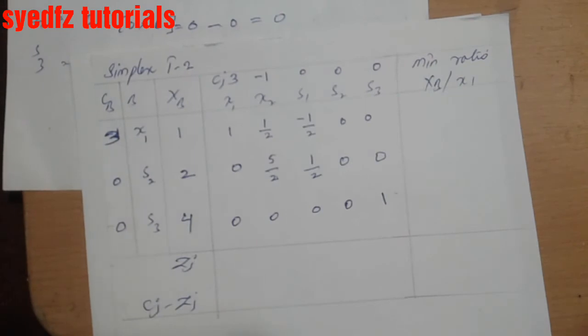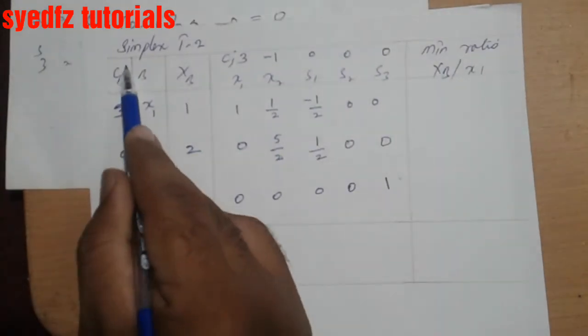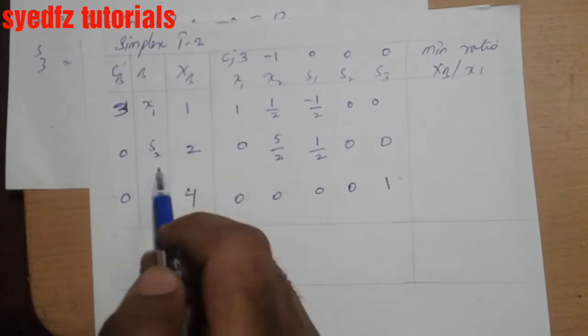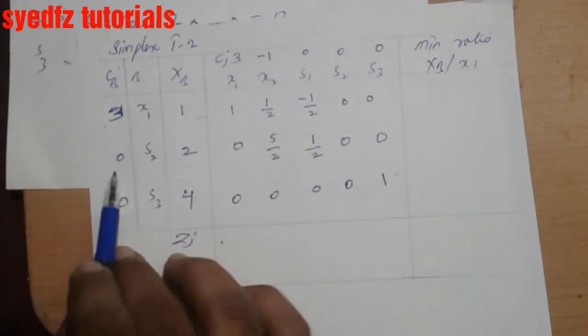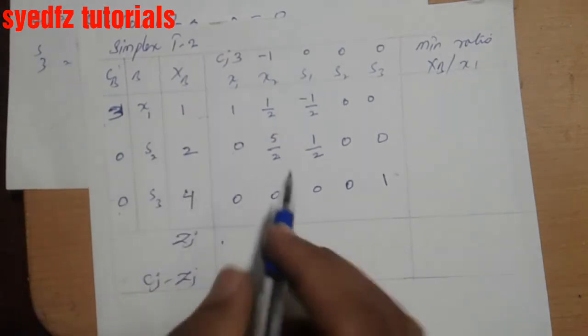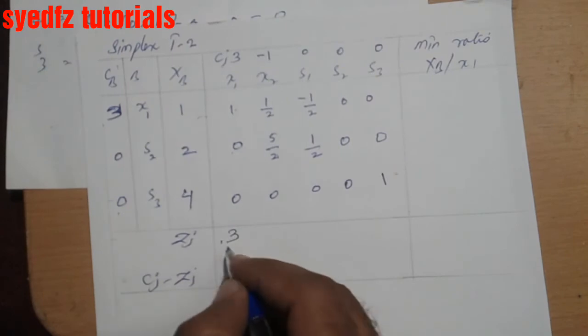Now calculate cj minus zj. Calculate the zj. How will we calculate? cb times x1: 3 into 1, 3, 0 into 0, 0, 0 into 0, 0. So we got 3 here. So take the 3 only as the answer.